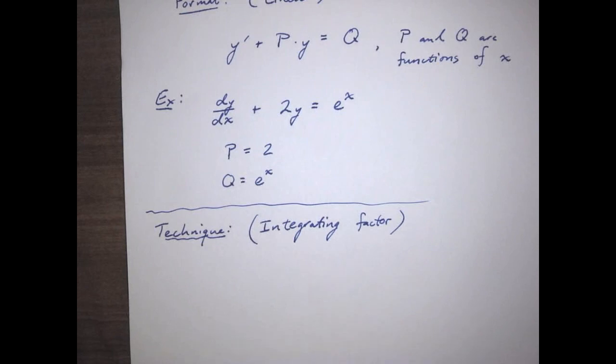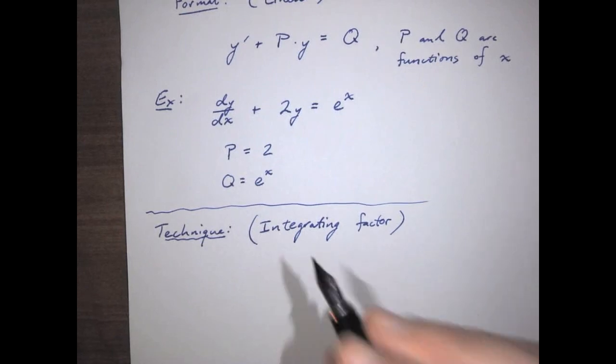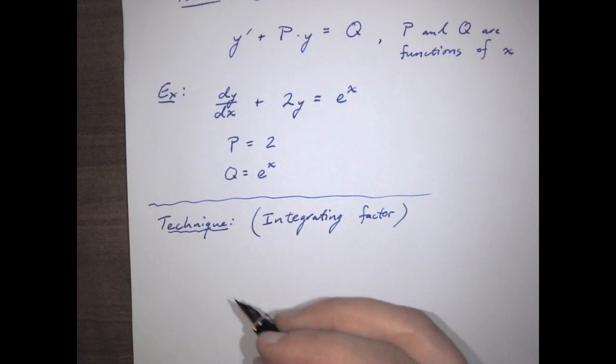The ultimate goal here is that we want to figure out how to turn this into an instance of the product rule.